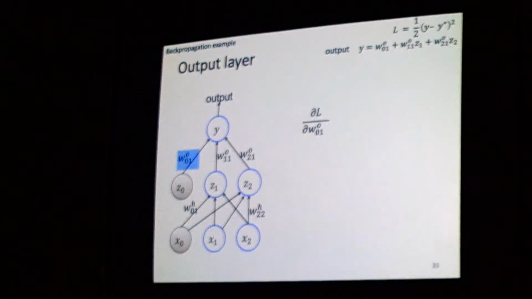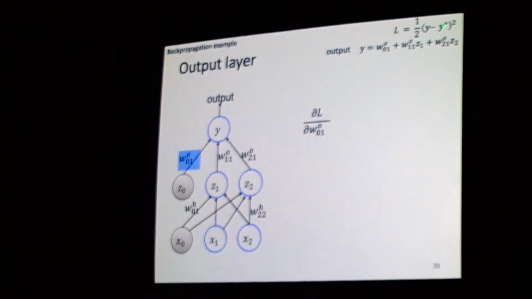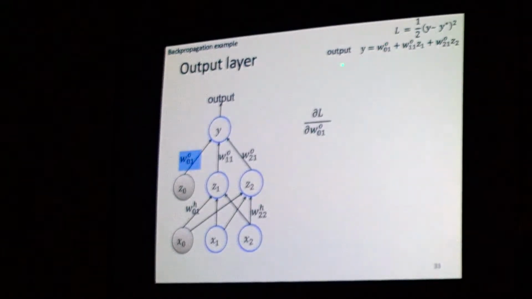First, our loss function is a function of y. Remember, y star is the ground truth, a constant. So L depends on y, and y depends on W010. Here we list the rule to compute y. Remember, the output neuron is a simple linear combination of the hidden neurons. We don't perform a nonlinear activation function.